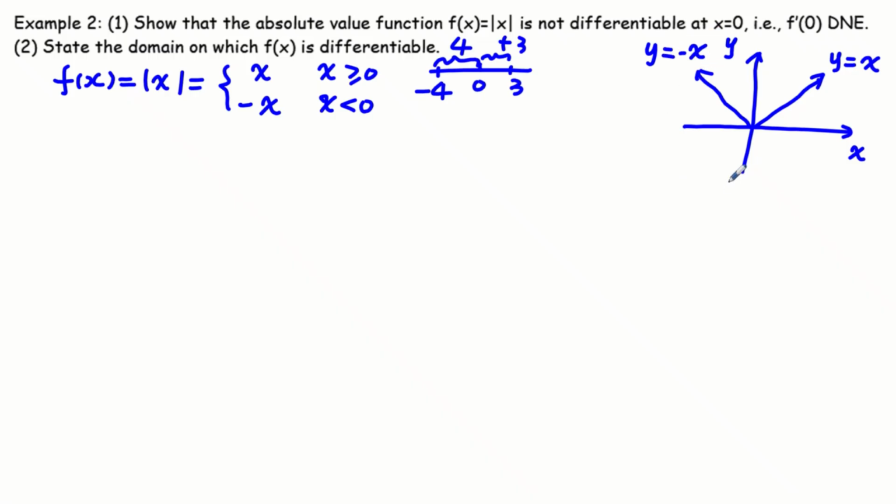So now we are going to see whether the slope of tangent exists or not. We are going to use the slope of tangent from the right side first. Limit as h approaches 0 from the right side at x equals 0, the slope of tangent over h.